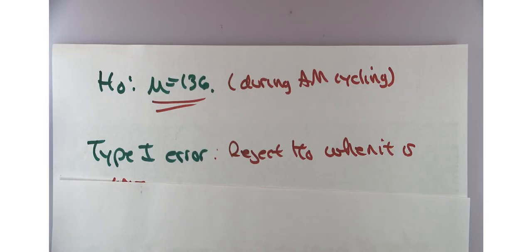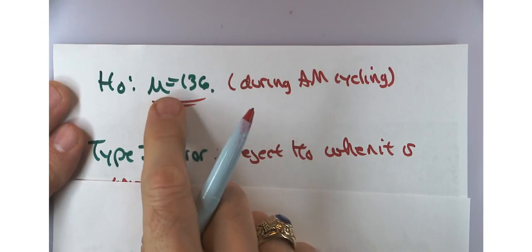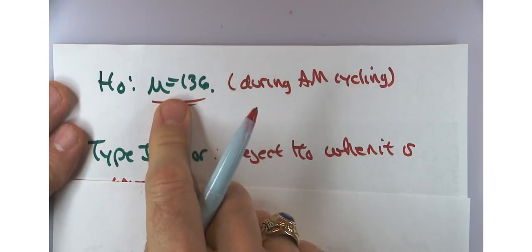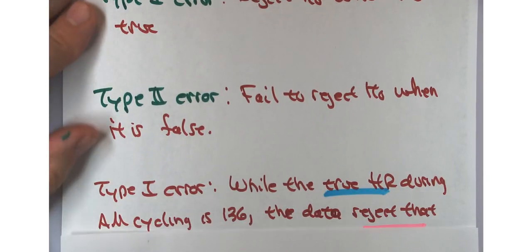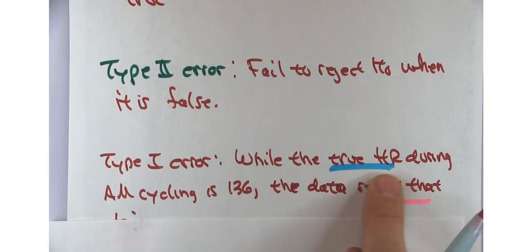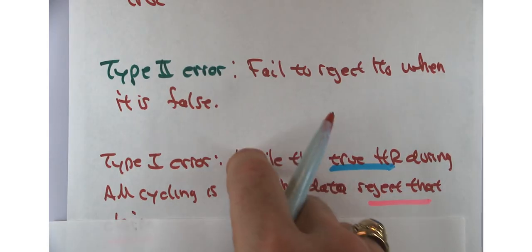So, in this case, if you're making a type 1 error, is this true or false? It's true. So we'll start out that way. Type 1 error. Well, it's true that the heart rate during morning cycling is 136 beats per minute. The data reject that claim. So you tell me what's true, you tell me what your decision is.